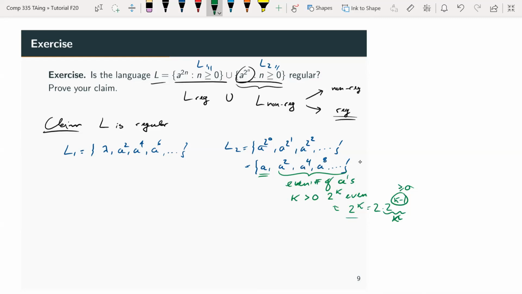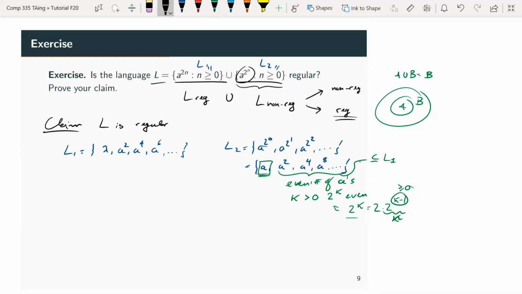And so really what this guy is, is a subset of L1, right? And I know that if I take the subset of a set and I union it with that set, I just get the larger set, right? Because if I have A and A is a subset of B, then A union B is just going to be B, right?